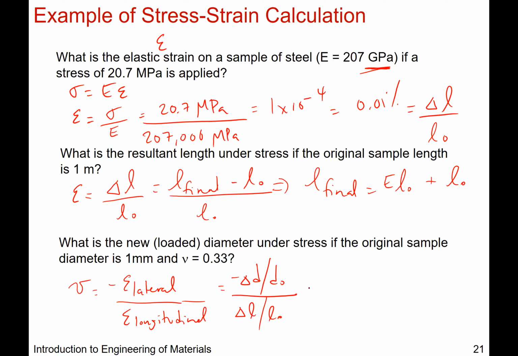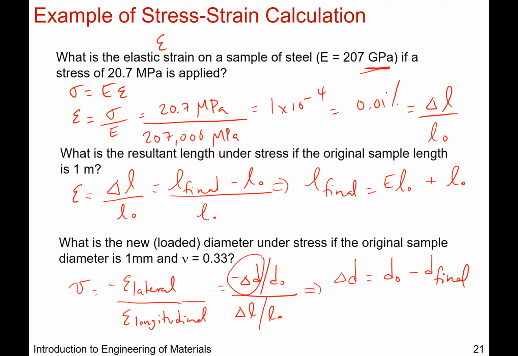And so what we're really rearranging for is this delta D. Okay, so the new diameter. Since this is tensile, we know it's going to contract. So our delta D is actually going to be D naught minus D final, because it's contracting.